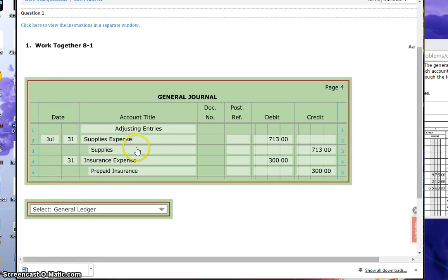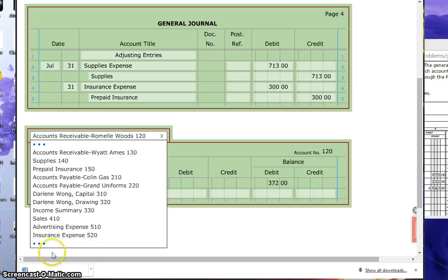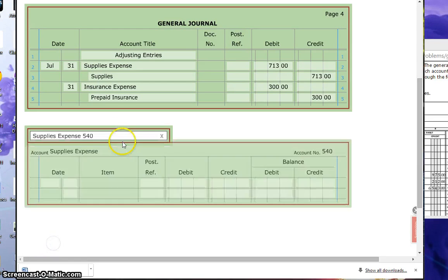Okay, once we have our adjusting entries journalized, we then have to post, which I know is not one of your favorite things always to do, but it's very simple. So we're going to go line by line, straight across. We're going to start with supplies expense. So we're going to go down here and look for supplies expense. We're just going to post this down here. So again, we are in July.